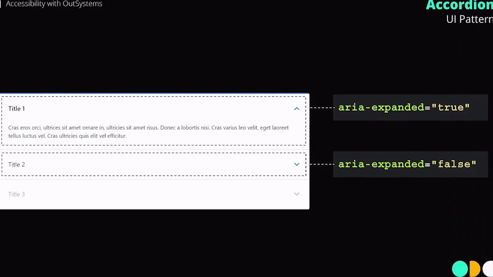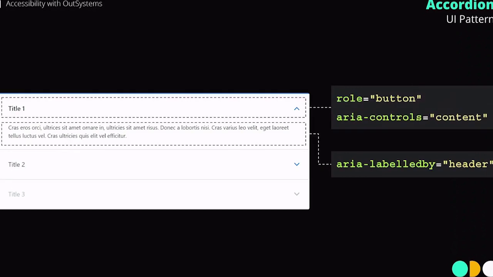And we need to affect the expand and collapse of the item. When it's open, we need to put aria-expanded to true. When it's closed, you need to put it to false. And again, we use the same technique. I use a div to control my pattern. I set a role button, and in this case, I need to relate the title with the content.